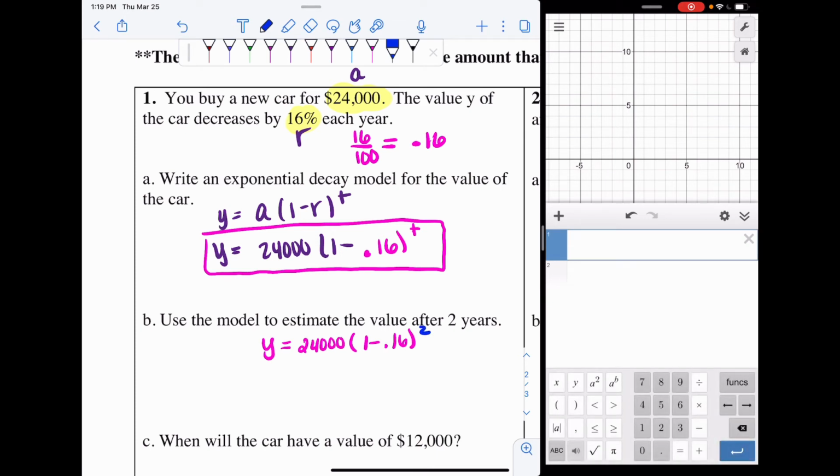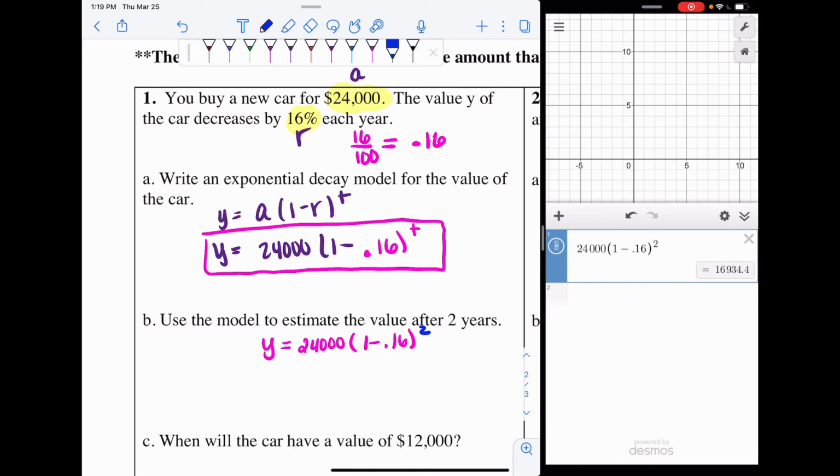So I'm going to do 24,000 times 1 minus 0.16. And I'm going to raise it to the second power. And I get this number right here. I get 16934.4. So I can say Y equals 16934.4. But the thing is, you typically have 2 decimals after money, so this is our final answer.